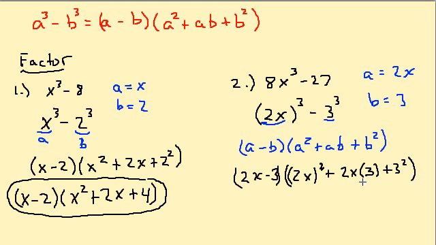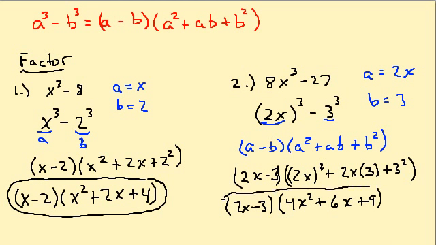And I don't want to leave it like this. I'm going to go ahead and square this, multiply this, and square the 3. So that's going to leave me with 2x minus 3 times, and then 2x squared is 4x squared, plus 2x times 3 is 6x, and then 3 squared is plus 9. And there's my final answer.